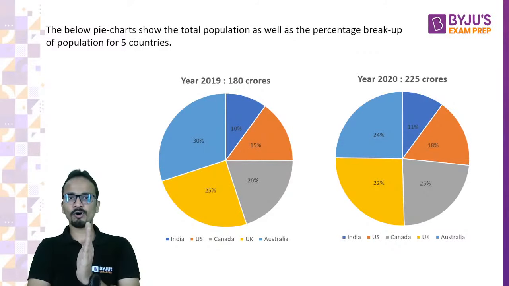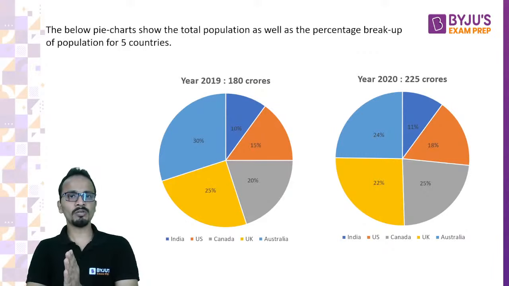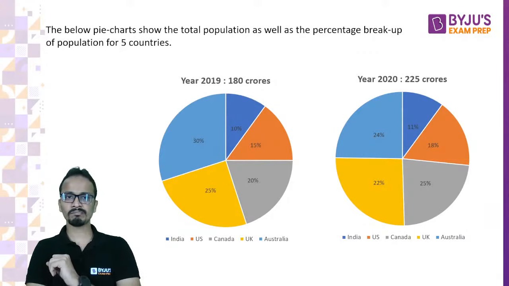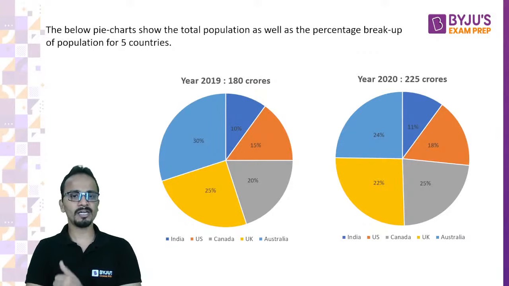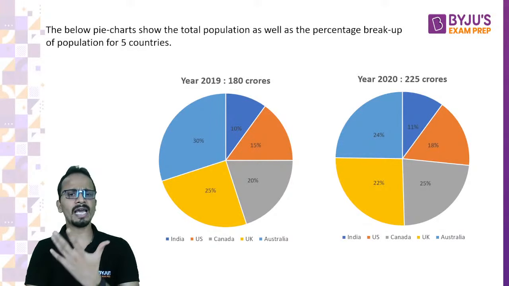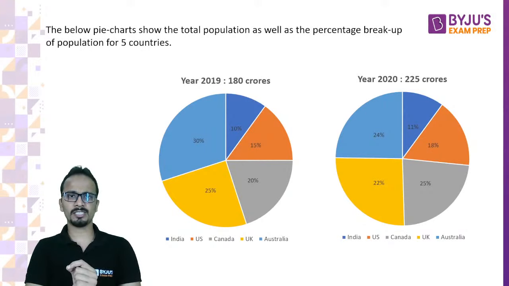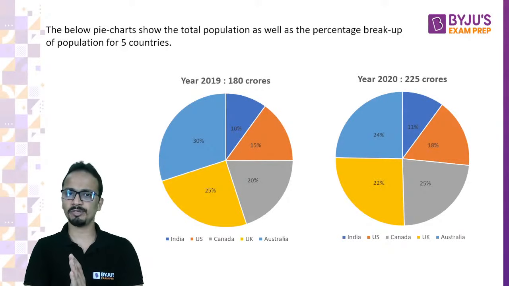The first pie chart is for year 2019, where the total population for these 5 countries is 180 crores. These 5 countries are India, US, Canada, UK, and Australia. The color coding is mentioned at the bottom. In the first pie chart, the breakup of population for India is 10%, US is 15%, Canada 20%, UK 25%, and Australia 30%.